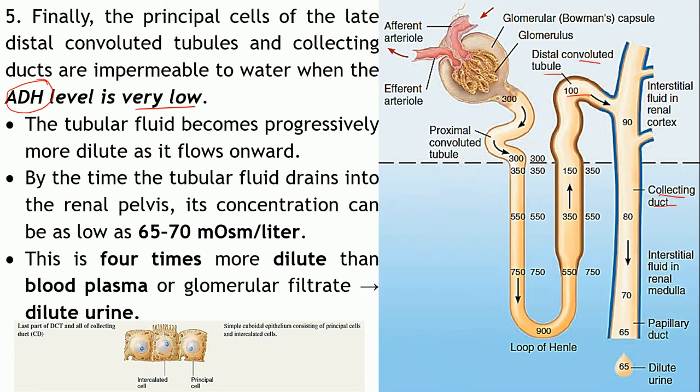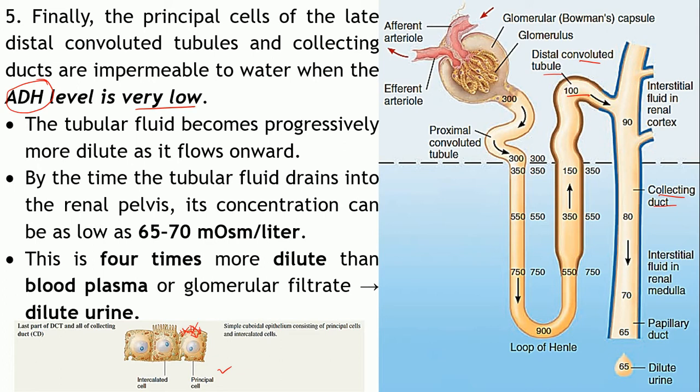These are the principal cells, into which the vesicles will be present which contain the aquaporin channels. So when ADH level is low, what happens to those aquaporin channels? Remember, the aquaporin channels which are inserted are removed from here when the ADH levels are low, and they will enter back inside the cells.